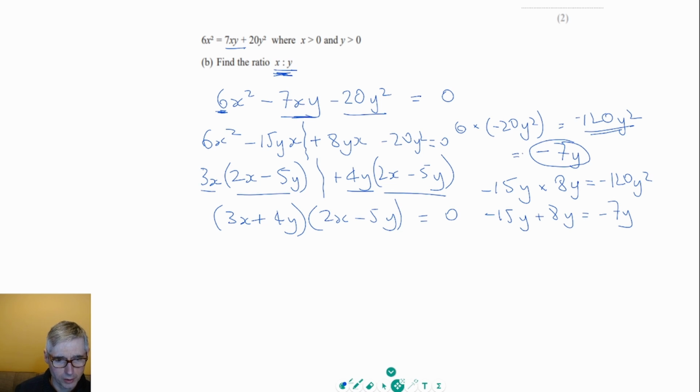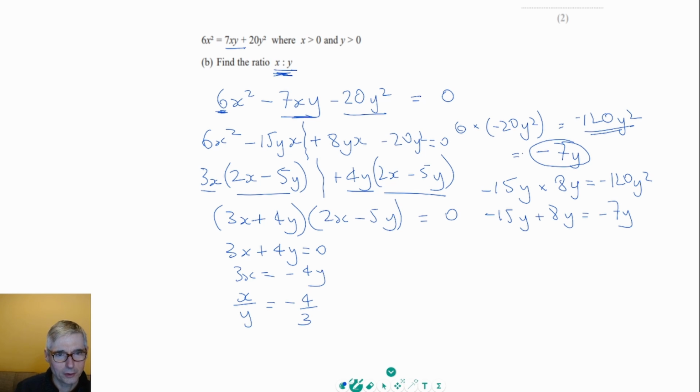We can get a little equation from each one of these brackets. So from the first one we'd have 3x plus 4y equals 0, and that would give me that 3x is equal to minus 4y, and if I use the same approach as before, I'd get that x over y is equal to minus 4/3.